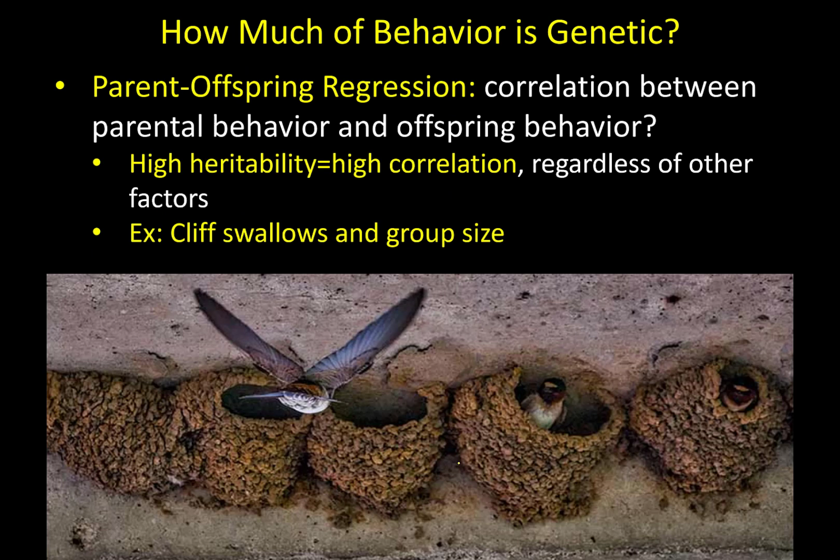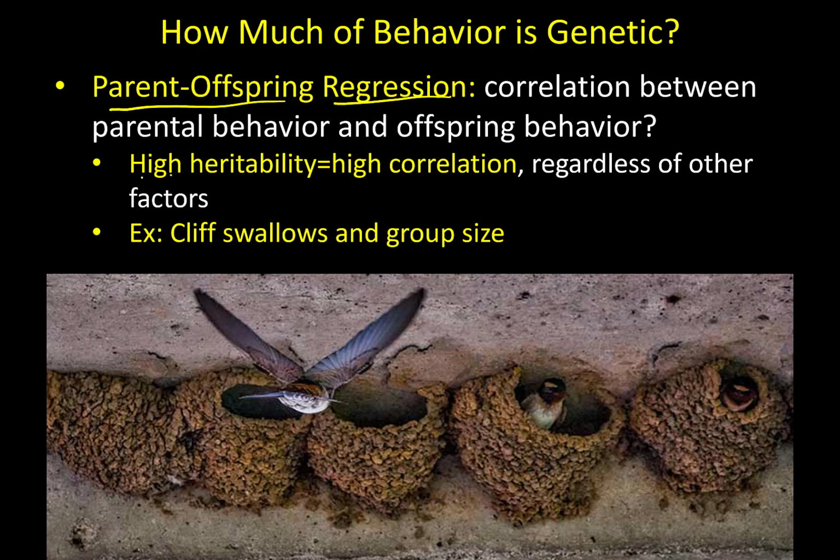Now, if at least some of every behavior is genetic, you would expect there to be a strong correlation between parental behavior and offspring behavior, because offspring are inheriting their genes from their parents. Now, to test this, you can do what's called a parent-offspring regression analysis. You directly examine in these experiments the correlation or the connection between parental and offspring behavior.